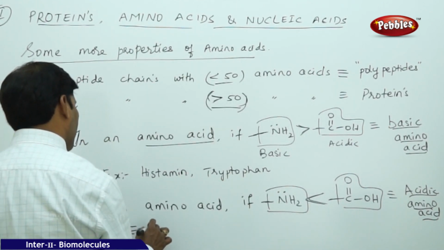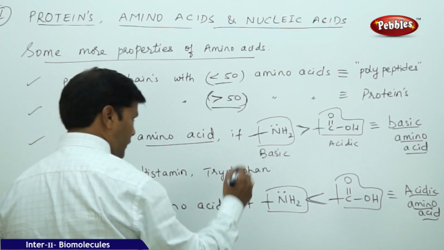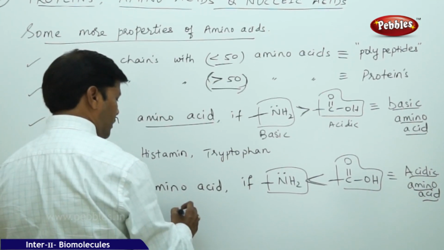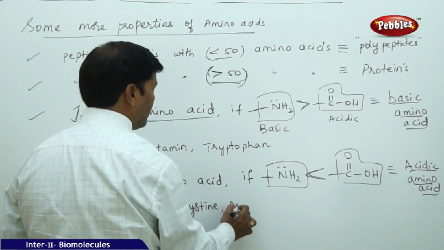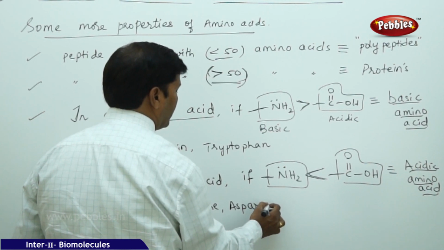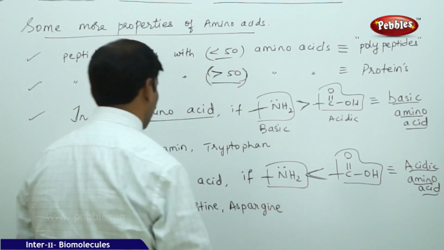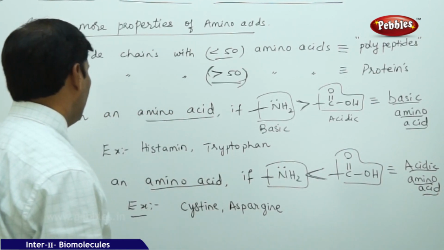Take some examples of acidic amino acids. The best examples are cysteine and asparagine, which are overall acidic in nature.